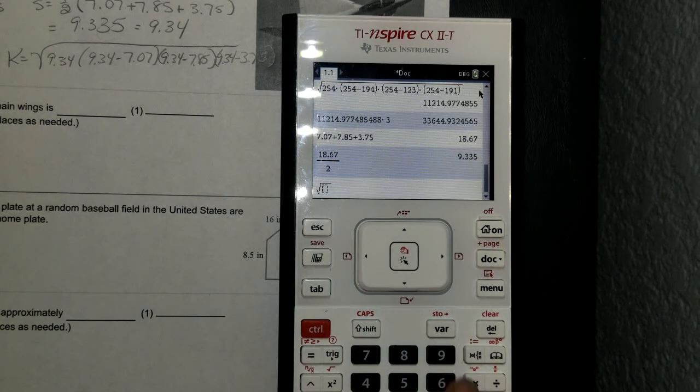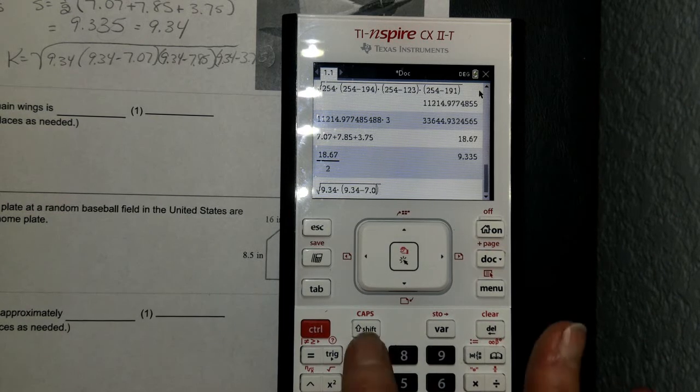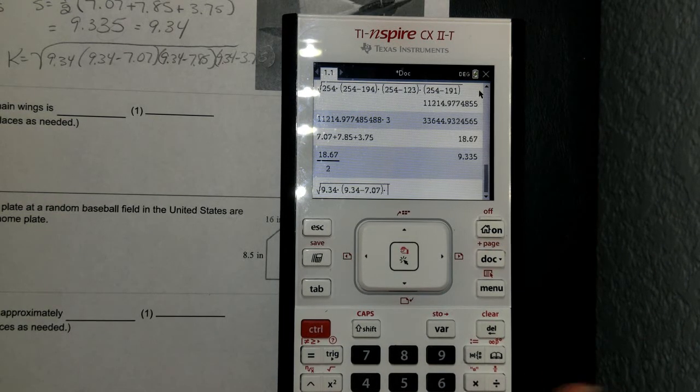S is 9.34, 9.34 times, parentheses, 9.34 minus 7.07, close parentheses, times, parentheses, 9.34 minus 7.85, close parentheses, times, parentheses, 9.34 minus 3.75, close parentheses.